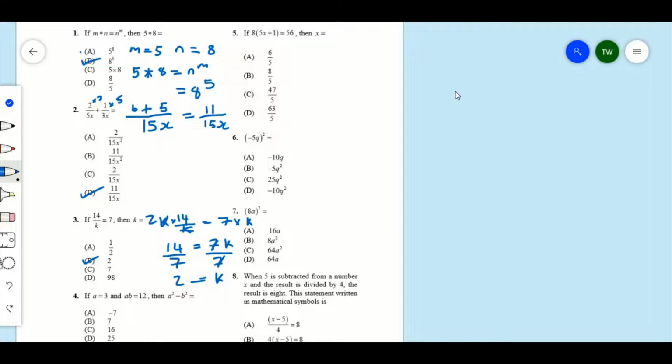So we know that ab is equal to 12. Now they tell us that a is equal to 3, so we're going to replace this a with 3, so it's going to be 3b is equal to 12.